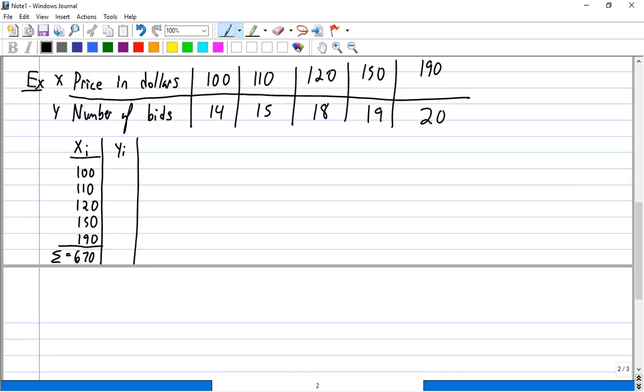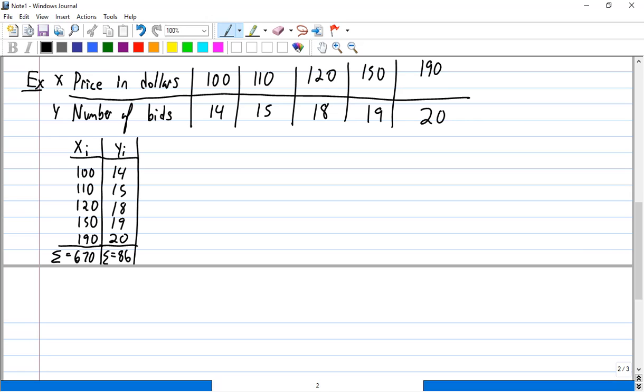I'm going to do the same thing. I'm going to try to keep everything as straight as possible. The neater I am, the more organized my table is, the easier it's going to be for me to find my answer, and the less chance that I'll make a mistake. Alright, so the sum of all my y values, I got 86.